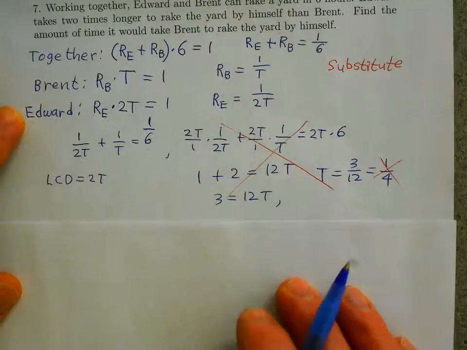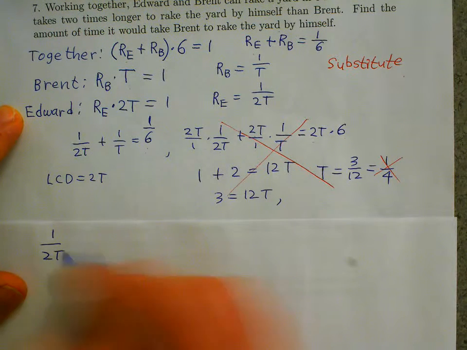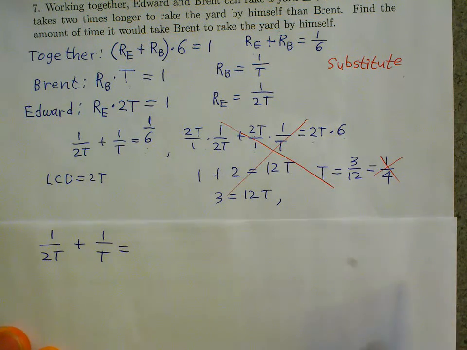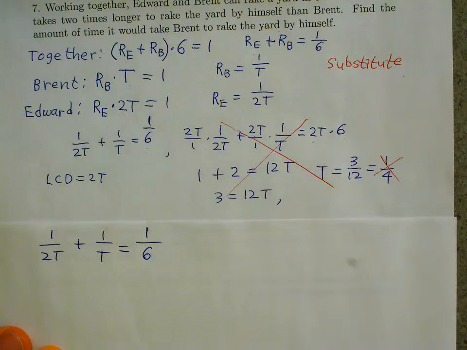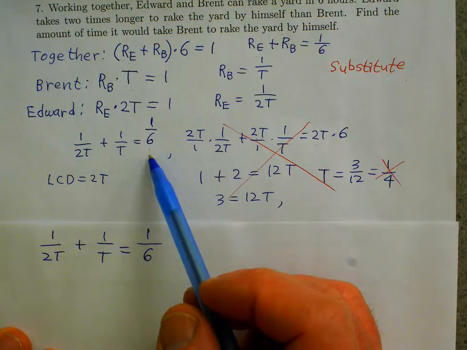So I'll rewrite that on this paper. 1/2t plus 1/t equals 1/6. So that was a really silly mistake on my part.